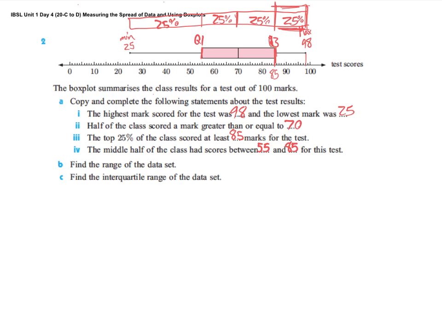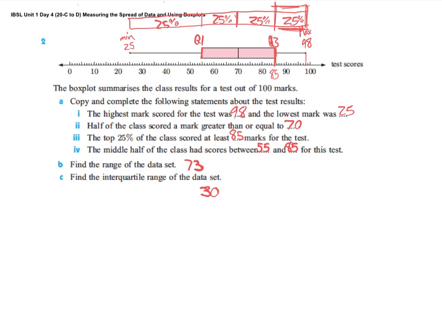All right, so now what's the range for this data? 73. 98 minus 25, 73. And what's the IQR for this? 30. Okay. Now 30 is significantly lower than half of the total range. And we can already kind of see this, but notice that happened because of what?